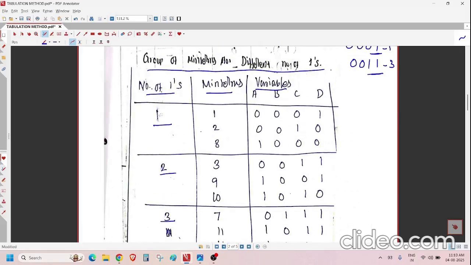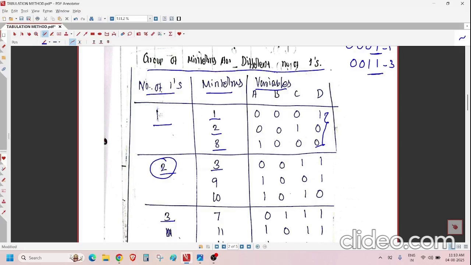From the inputs, 1, 2 and 8 have only one number of ones. For 1 the representation is 0001, for 2 it is 0010, and for 8 it is 1000. In these only one 1 is present in the bits. Next is two number of ones.